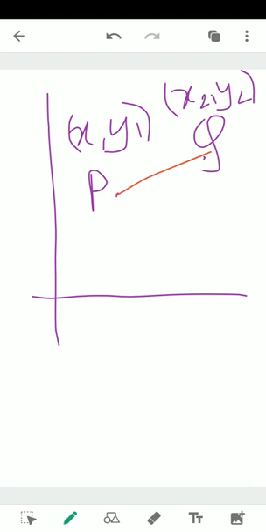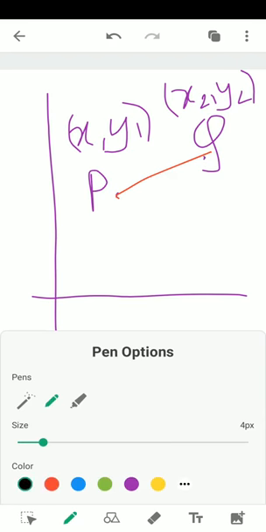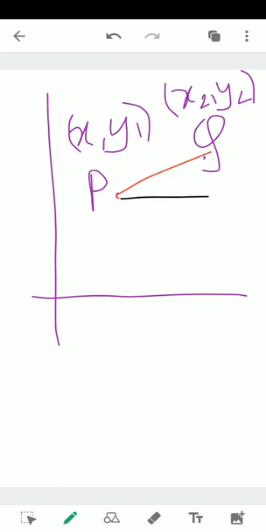Before moving forward, let me form something like this. Let me use a different color. So PR and something like this. Now if you see here properly, PQR has turned into a right angle triangle, and as soon as a right angle triangle comes up, it always comes up with Pythagoras theorem.